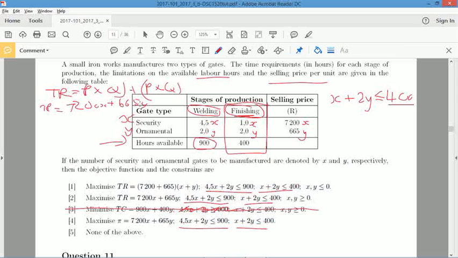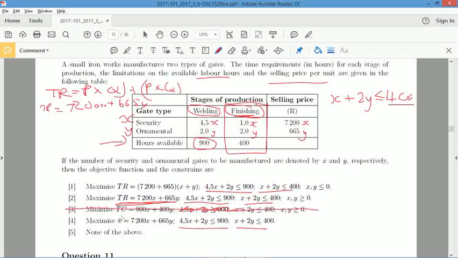That's what we're looking at here in terms of the actual equation. So maximize TR equals 7200x plus 665y. That's good.